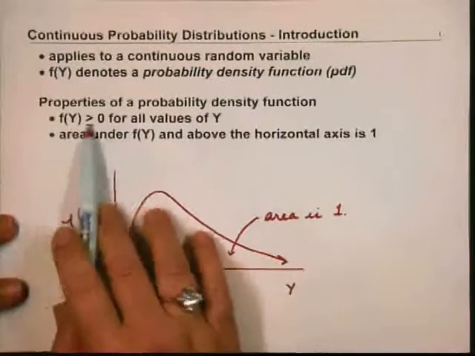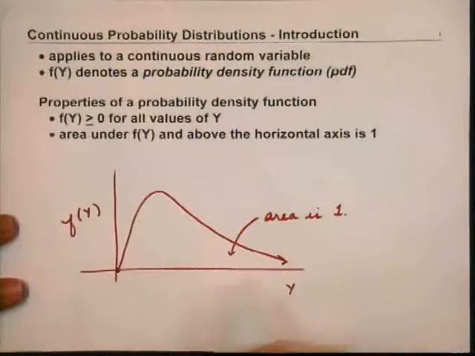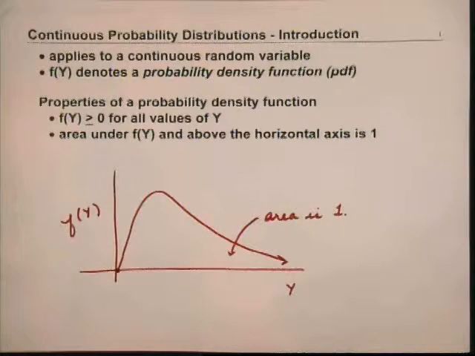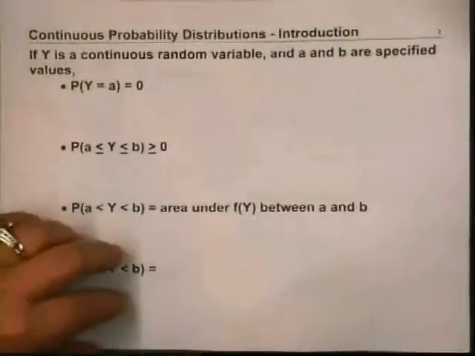This function can touch that horizontal axis, but it can't go below it. So those are two of the properties for these continuous density functions.